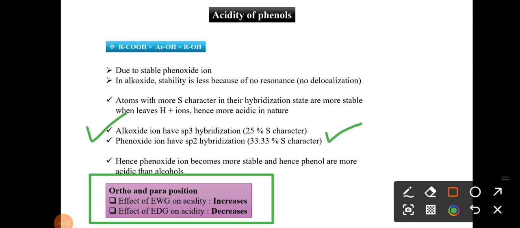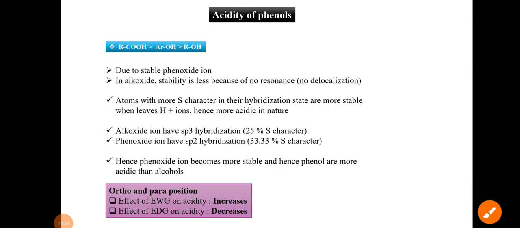Simply, that is the effect of electron withdrawing and electron donating groups. Electron withdrawing groups are electronegative, meaning minus I effect is there, and electron donating groups have a plus I effect, or these are the electron releasing groups. So that point is very, very important, guys: acidity of phenols.